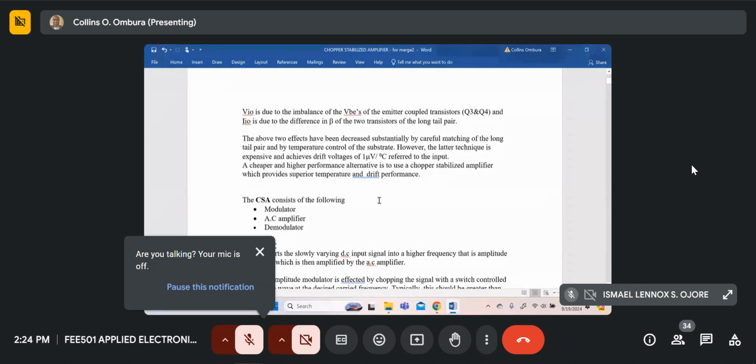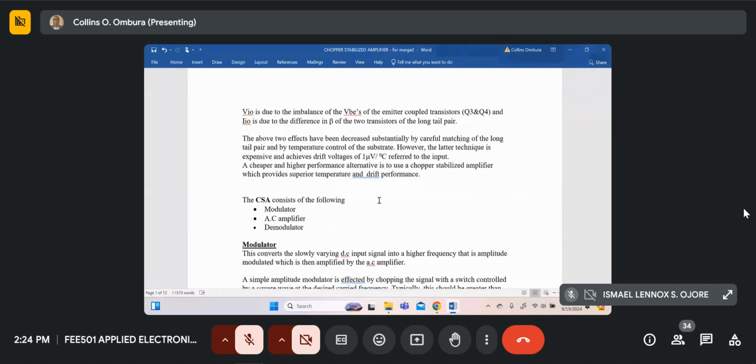Maybe I'll just draw it over here, although I've drawn it towards the end. It comprises 3 modules. And just so that you can visualize it, I'll just draw it over here.